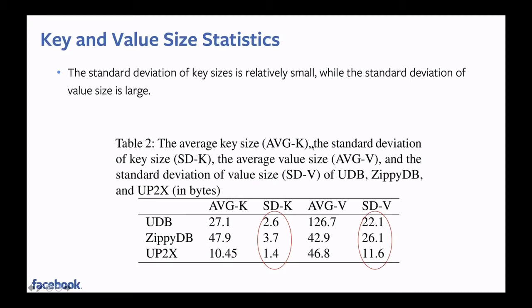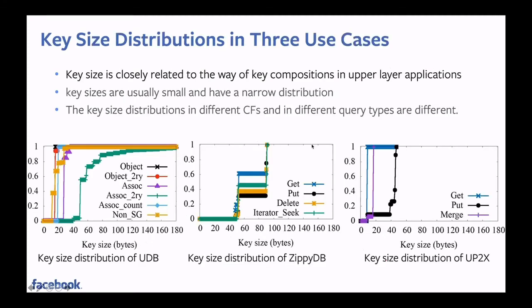When we look at the CDF we plotted for 3 use cases, you can see that in the UDB case, its key size has a very long tail distribution because maybe someone just has a long ID to represent the graph.